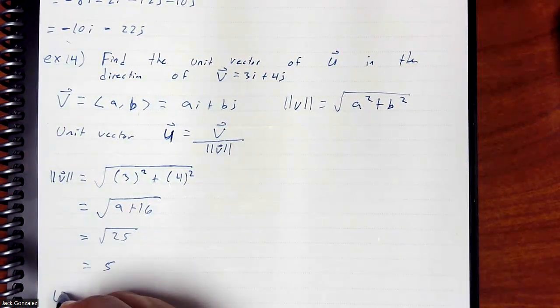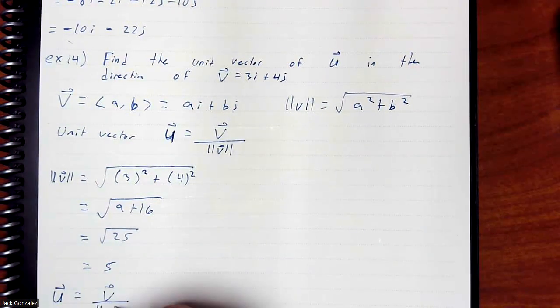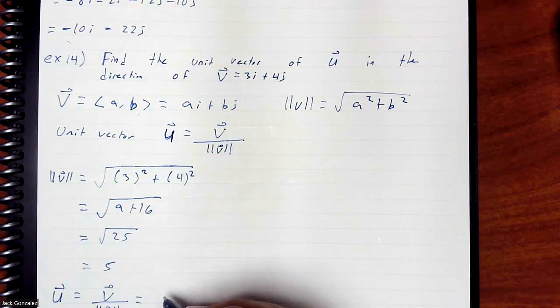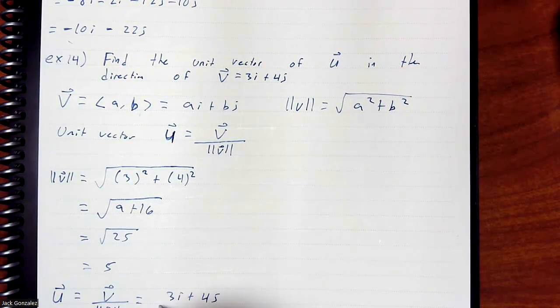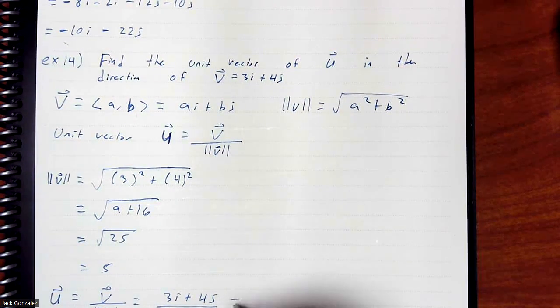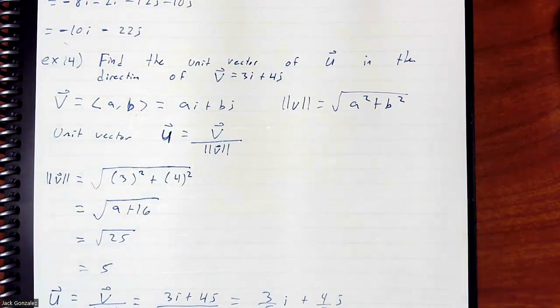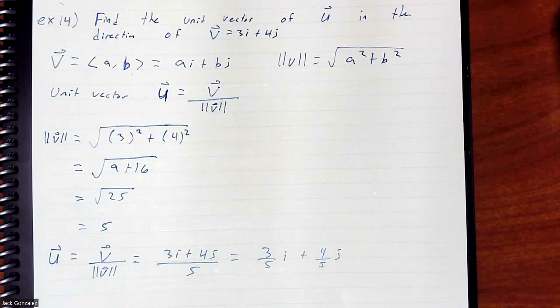So unit vector u is equal to v divided by its magnitude, which will be 3i plus 4j divided by 5, which gives us 3/5 i plus 4/5 j. That's all you've got to do.